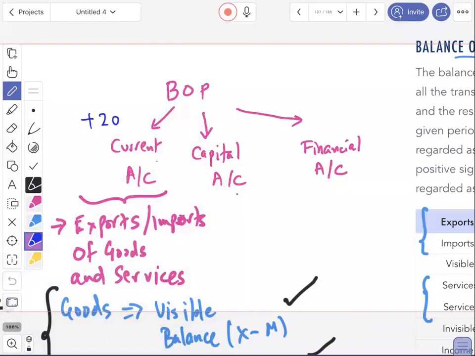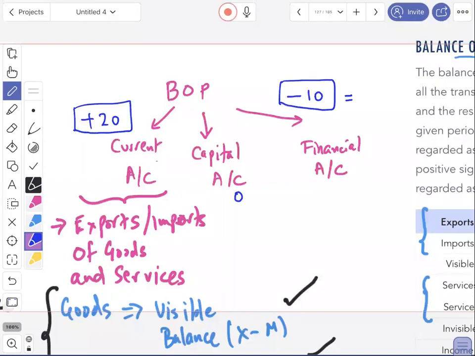Capital account is 0. And let's say financial account is minus 10. If current account is plus 20, capital account is 0 and financial account is minus 10, what is the total balance of payment going to be?